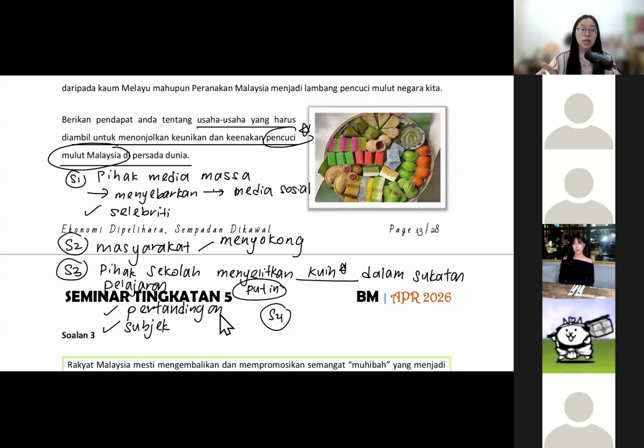Maybe they also can menganjurkan pertandingan or also teach in the subject as well. Now, other than media massa, masyarakat, pihak sekolah, who else can do something? What can ibu bapa do? Remember, if you think about it easy, you need to think whether I can write something in my huraian, which is my HYE, how Y effect. Now, what can ibu bapa do?